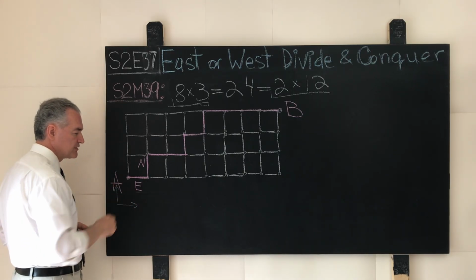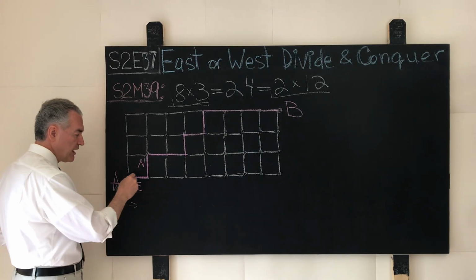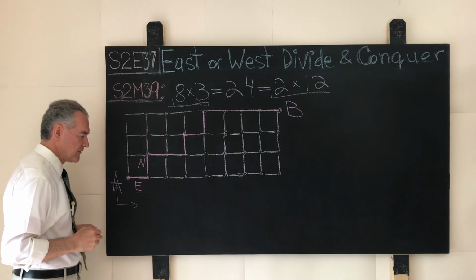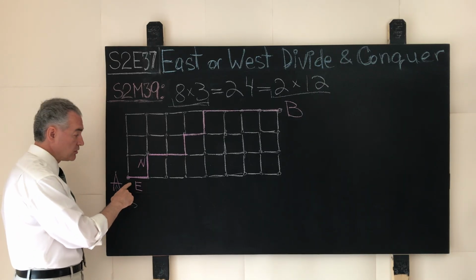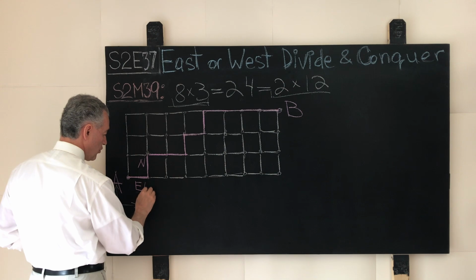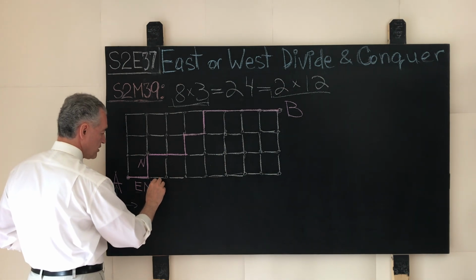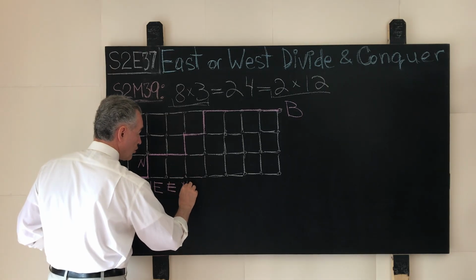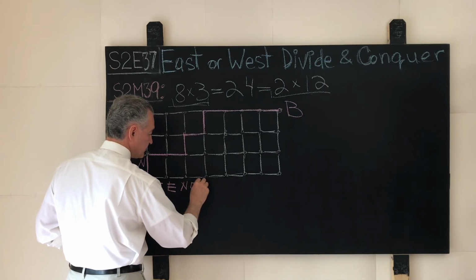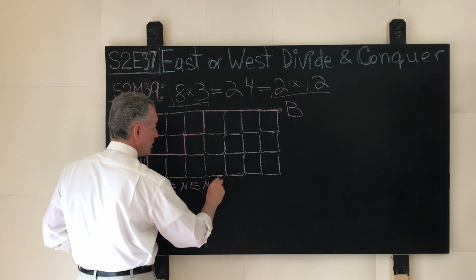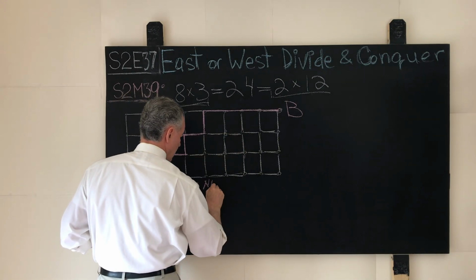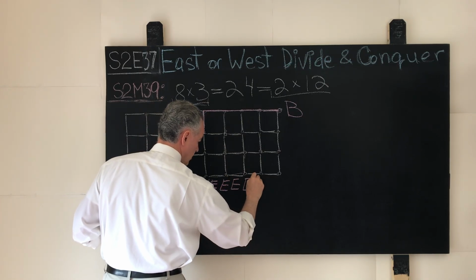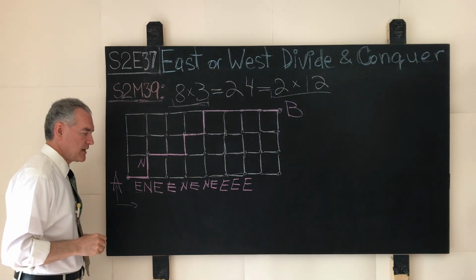For example, let us record our taxicab path that is shown on the board with this combinatorial structure. Well, what will we have? We will have one step east, one step north, another step east again, east, north, then east again, then north, and then 1, 2, 3, 4 steps east.